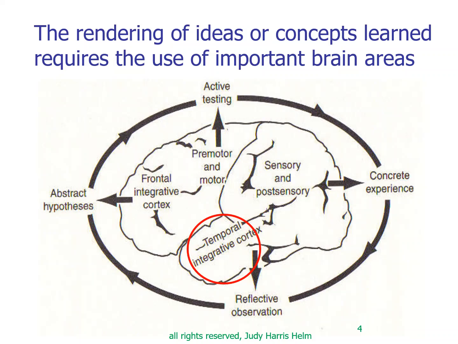So again, that concrete experience moves from the temporal integrative cortex to those executive functioning areas where planning occurs, hypotheses form, plans are created, and then we test those out.